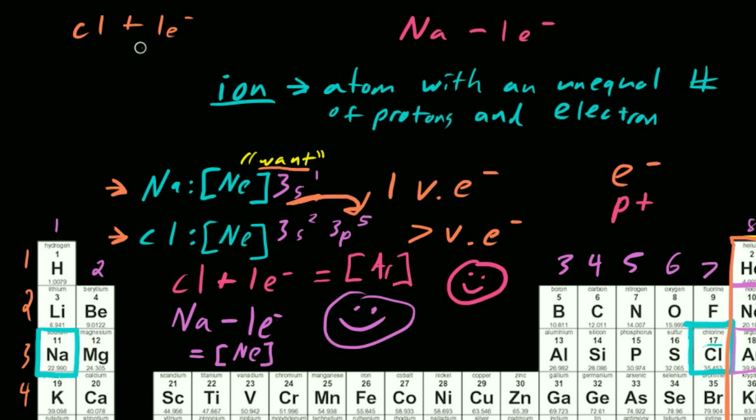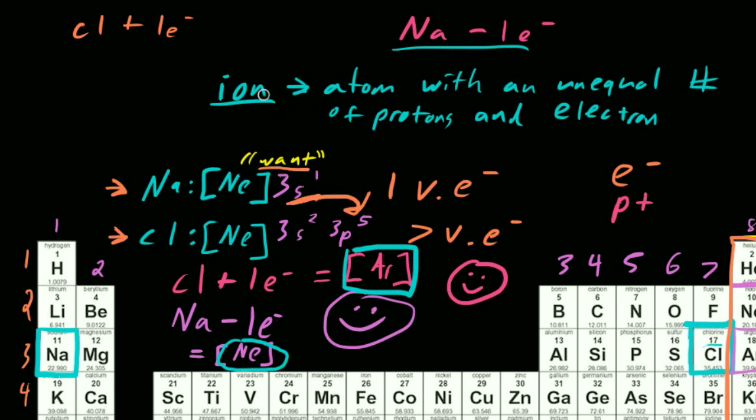But we're hopefully going to realize that the chlorine atom much more wants to get that electron to have the argon electron configuration than it wants to stay neutral. Similarly, sodium is going to want to lose that 1 electron much more than it wants to stay neutral. And after sodium loses that electron, it has that noble gas electron configuration of neon.